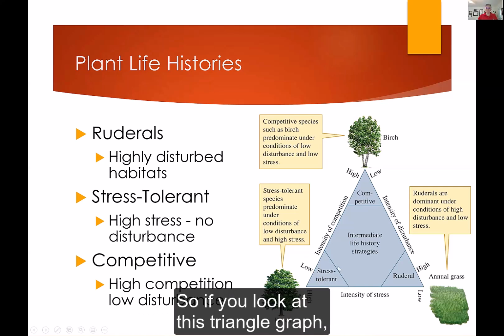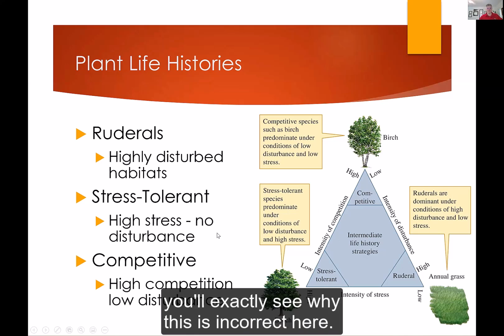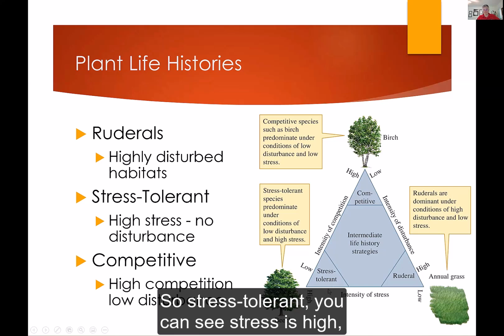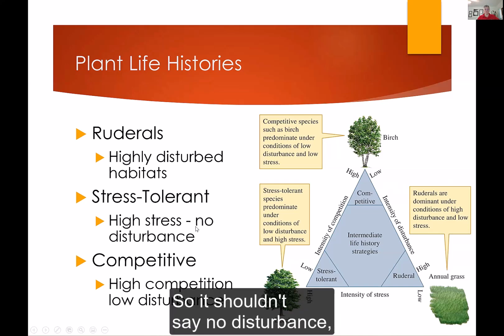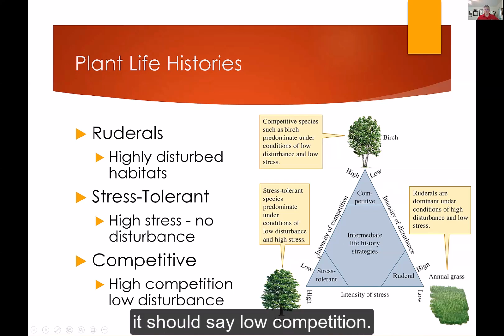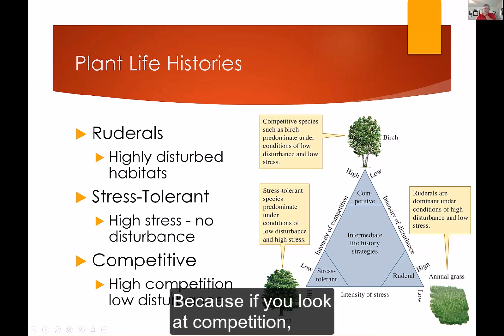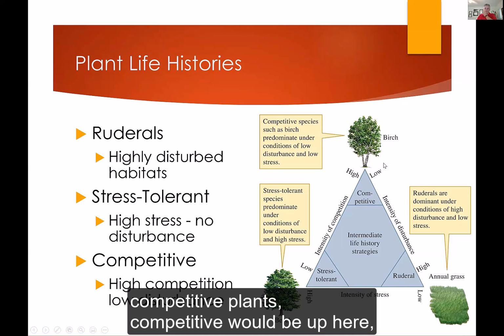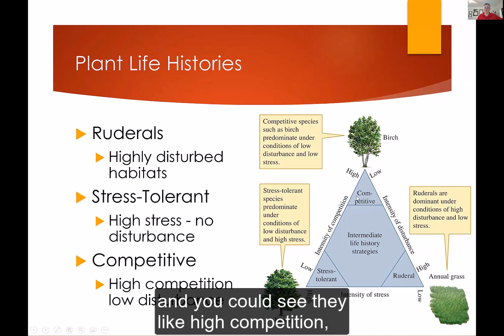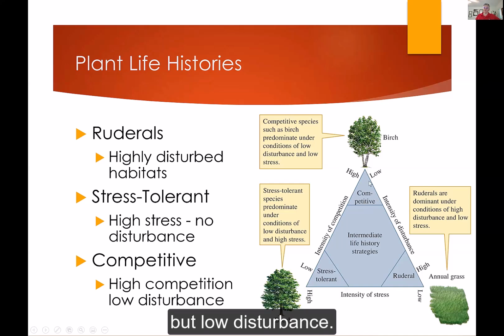Yes. If you look at this triangle graph, you'll see exactly why this is incorrect here. Stress tolerant, right? You can see stress is high and competition is low. So it shouldn't say no disturbance. It should say low competition. Because if you look at competitive plants, competitive would be up here, and you can see they like high competition, but low disturbance.